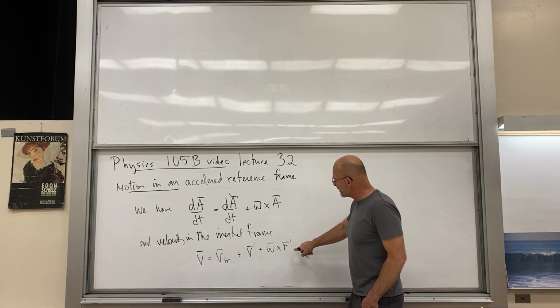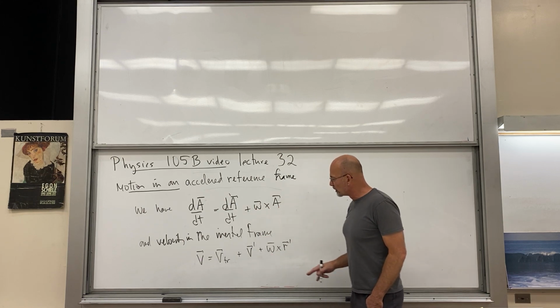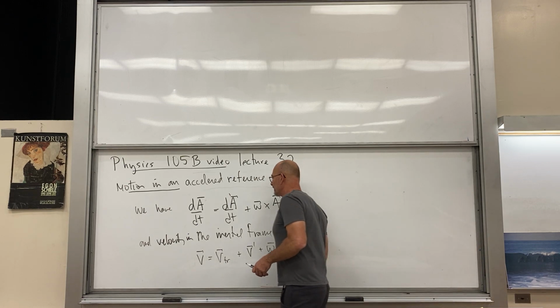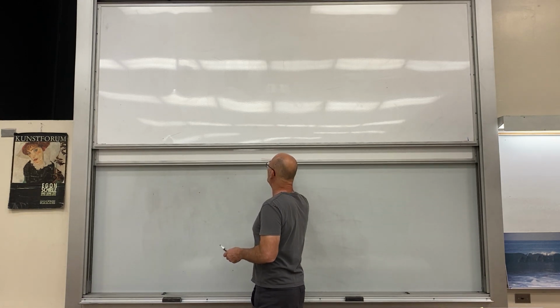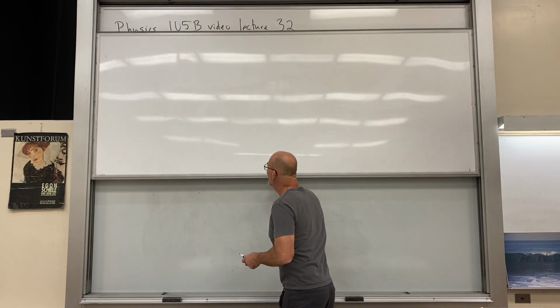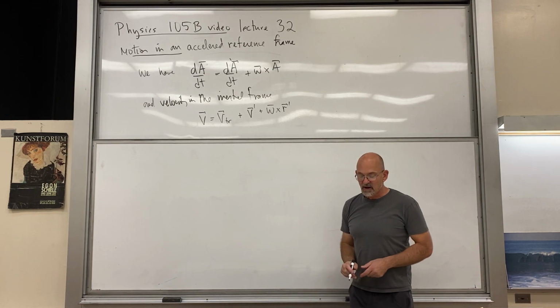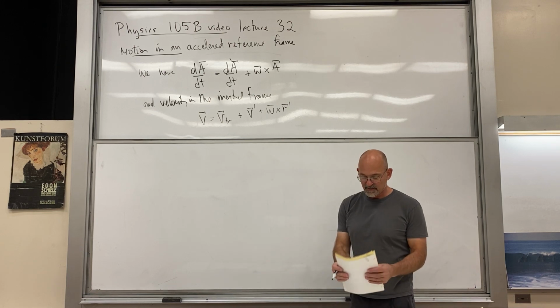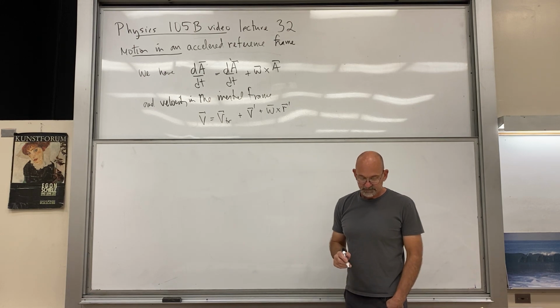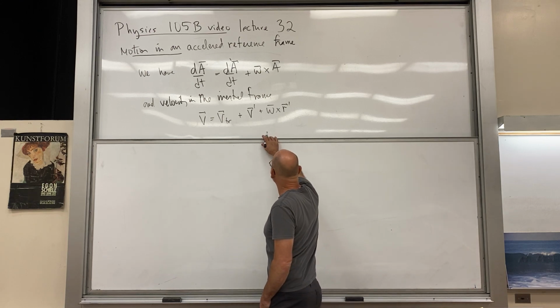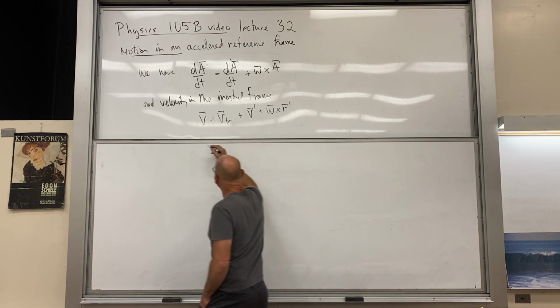So this is an example of this relation up here. What we're going to do is differentiate it again and get the accelerations, and then we'll get Newton's law as force equals mass times acceleration. So we differentiate this thing explicitly.